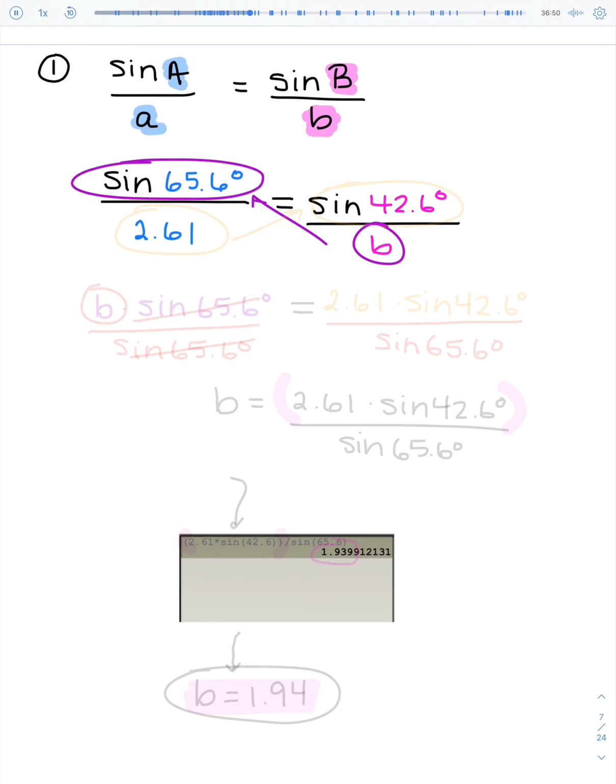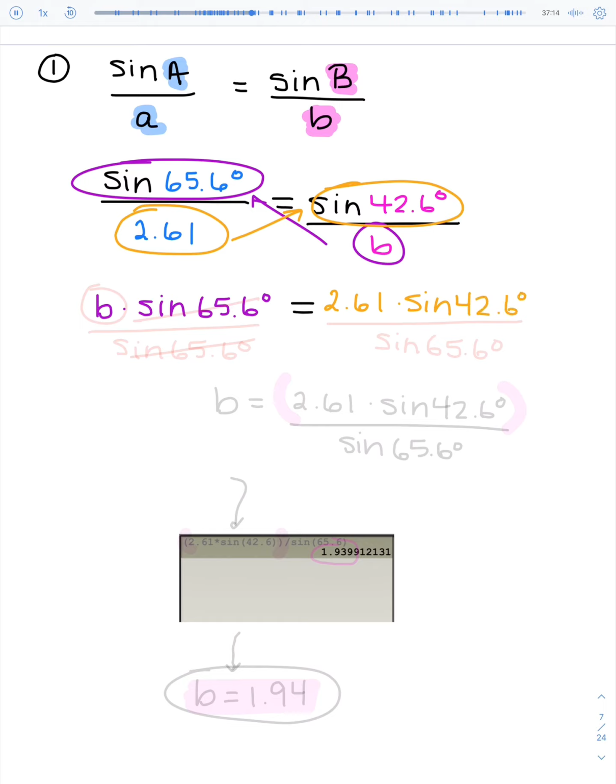So that'll be b times sine of 65.6 degrees equals, now I have to do the other side, which is 2.61 times my sine of 42.6 degrees.